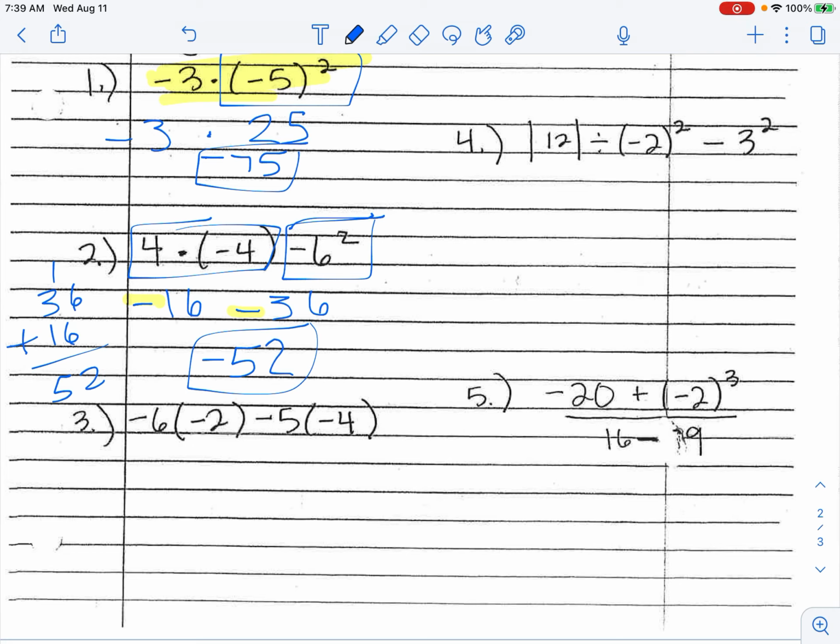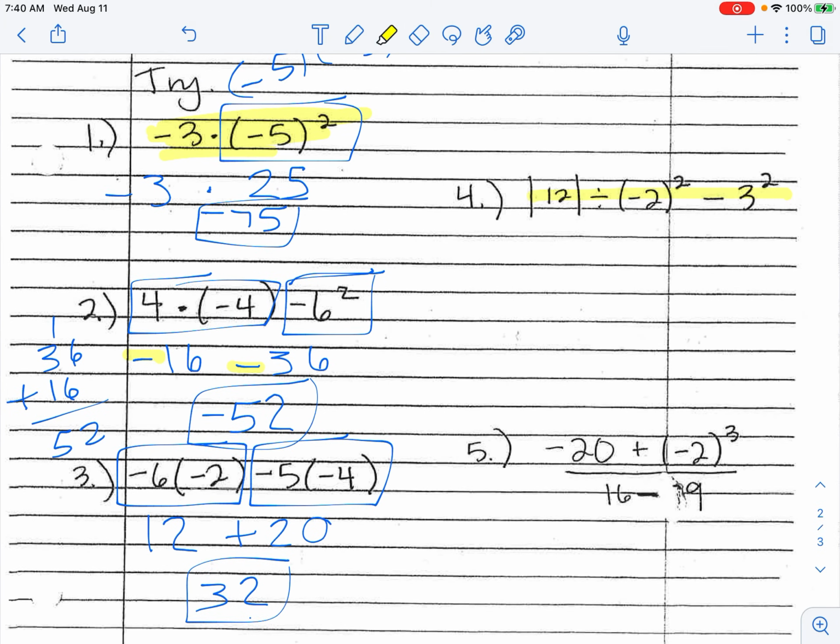So I have 2 multiplication problems. I've got negative 6 times negative 2, and I have negative 5 times negative 4. So negative 6 times negative 2 is positive 12. Negative 5 times negative 4 is positive 20. 12 plus 20 is 32. Final answer.